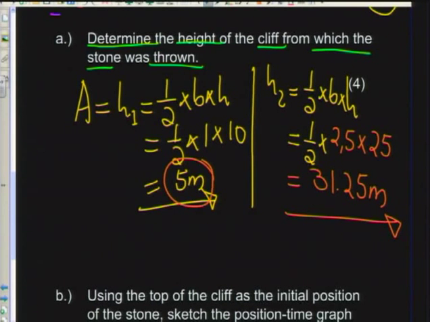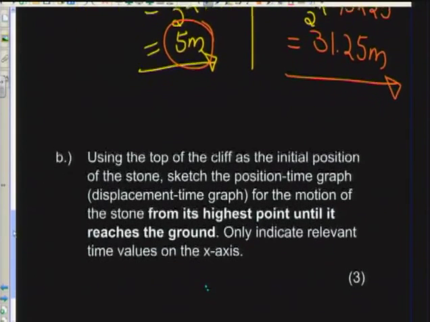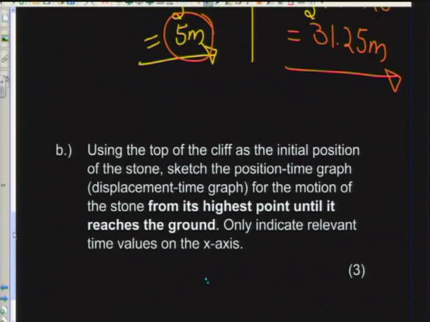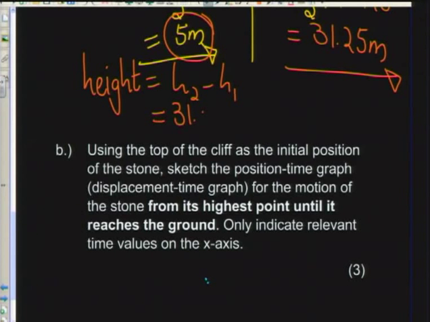Now remember, we said to find the height from where the stone was thrown, we will then be saying height 2 minus height 1. What is height 2? Height 2 is 31.25 minus height 1, which is 5 meters.